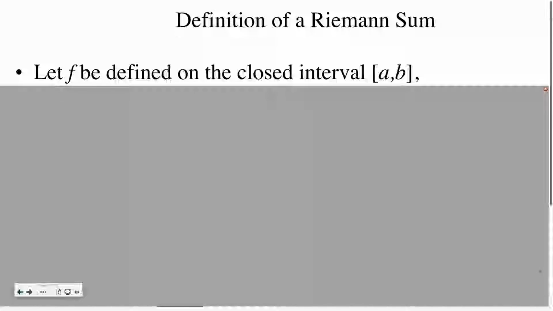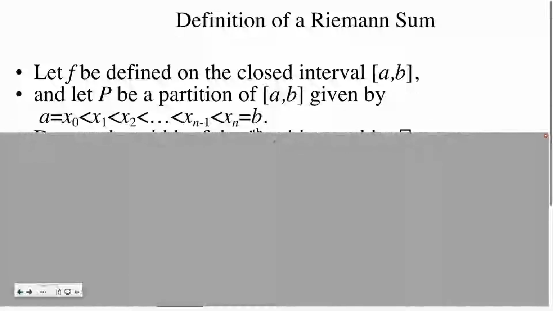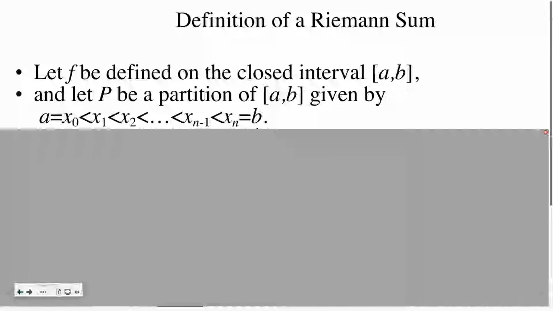So we have a function f, and I've given you an interval from a to b. Just like I did for your quiz, I don't even know, Tuesday, right? I gave you a function, I gave you an interval, you found me the area, right? What we're going to do is break up, so when you see the word partition, that means break apart.